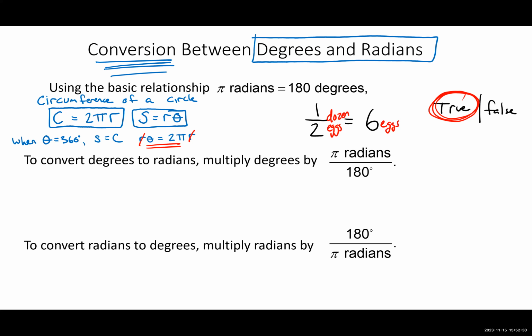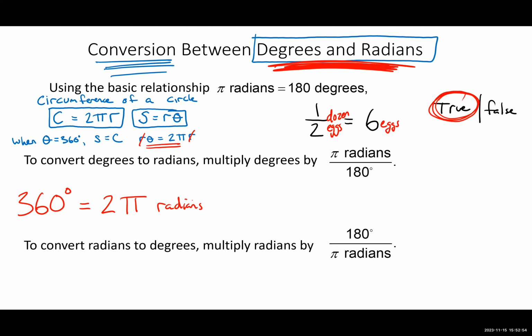So that is it. That is our connection right here. This is super important, right? That is our connection between degrees and radians. 360 degrees is equal to 2 pi radians.